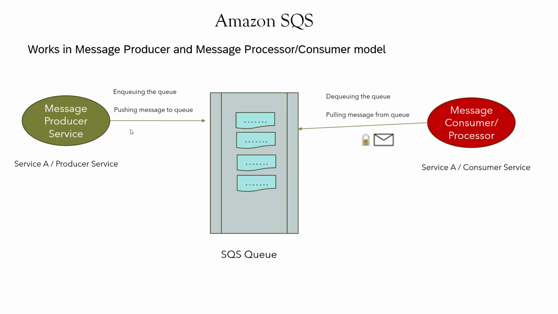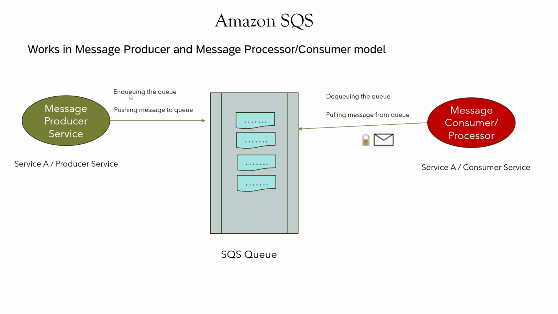In our case, in terms of e-commerce websites, if people are doing some purchase, it creates a message object, that is the JSON payload, that contains all the purchase details, like the name of the product, price, quantities, and the product attributes. It encapsulates all the purchase detail in the message, and this service is pushing the sales message into the SQS queue.